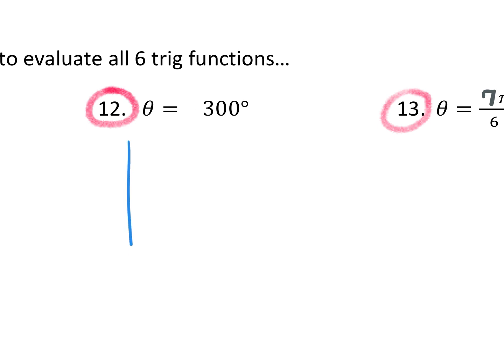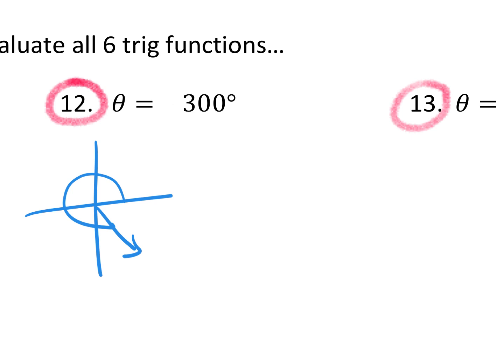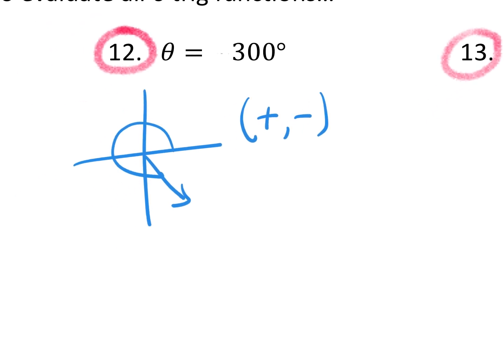So where is positive 300? In what quadrant? Okay, whew, scare me. Now, why is this important? What are the signs of X and Y in the fourth quadrant? X is positive and Y is negative, correct? That's important because now to use reference angles, if it's in the fourth quadrant, you say 360 minus 300 and you get what? 60 degrees.